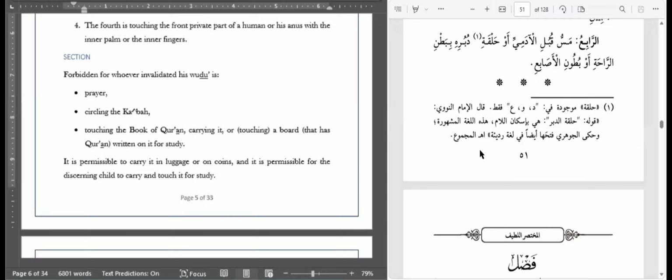So that's going to break the wudu: touching the front private part of a human or his anus with the inner palm or the inner fingers. Which means when you put your two palms together and press lightly, whatever disappears is the inner part. And whatever stays visible is the outer part.